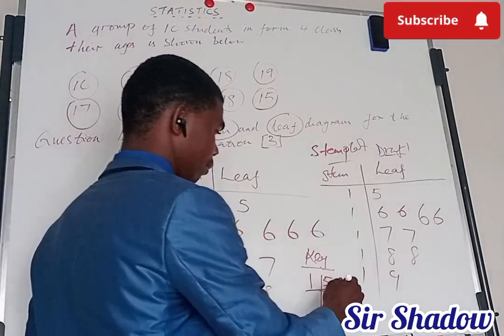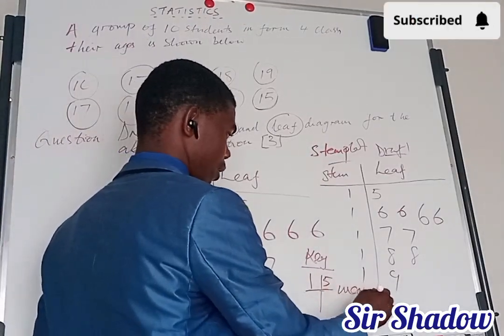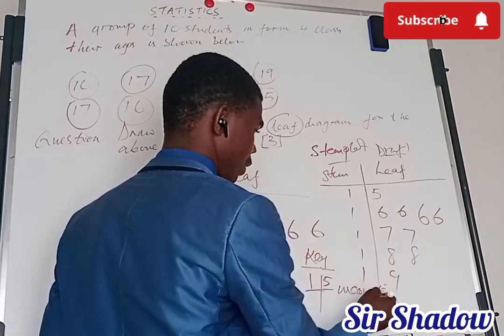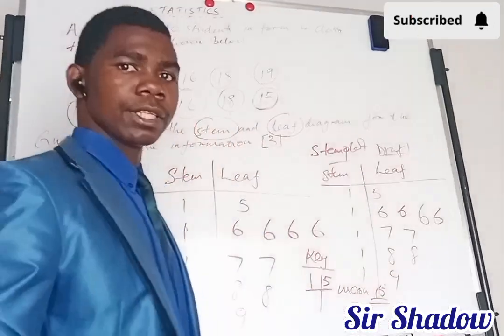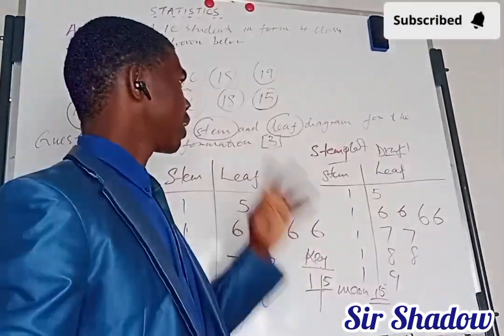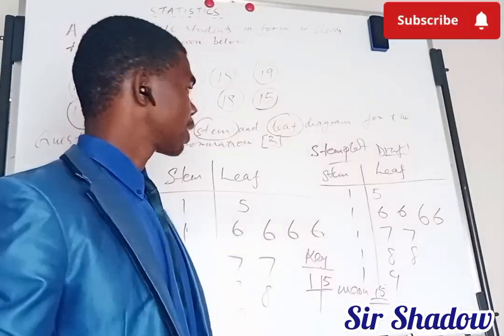This means 15. So this is how to display the data on a stem plot or stem and leaf diagram.